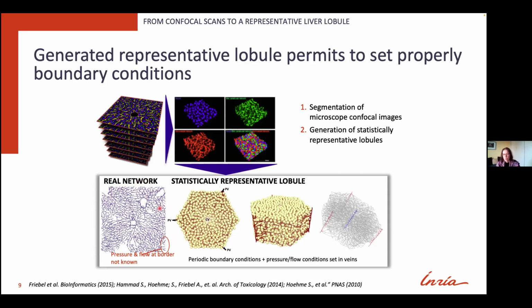This is why very often we work with a statistically representative lobule that is generated according to statistics that have been measured in histological reconstruction. And this work has been done a lot by Stefan Hömme, who I've seen is online.